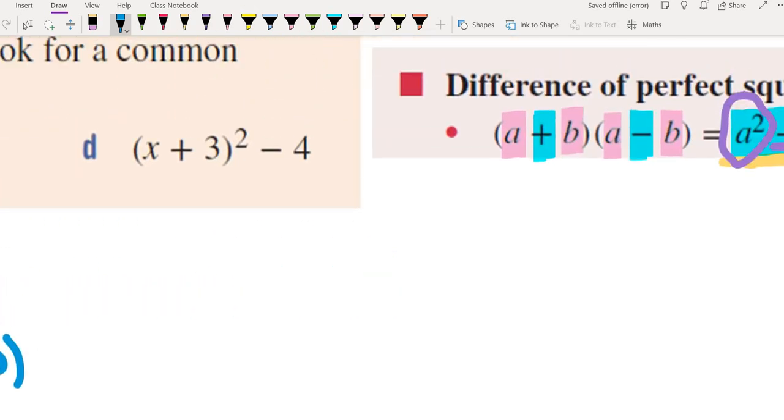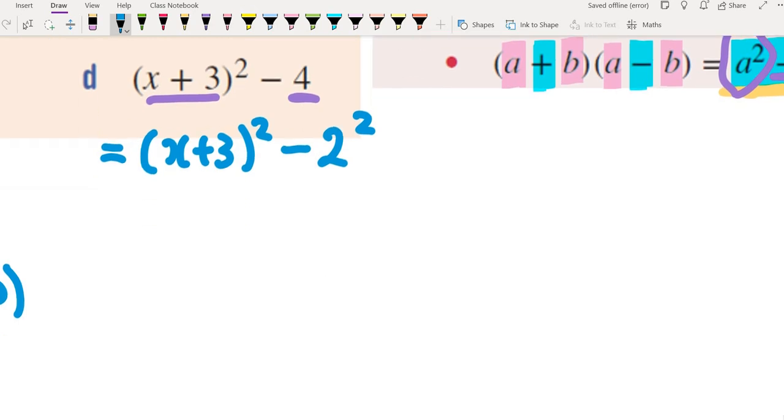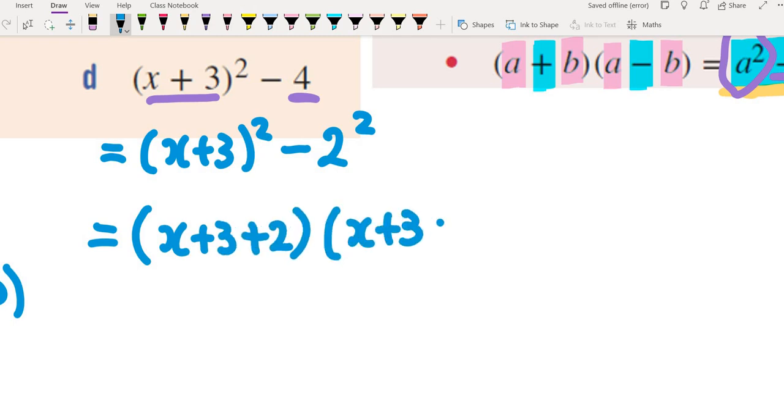And in this last example here, we have these two terms all squared, so that's good to go. However, this one isn't squared yet, so we'll turn this into x plus 3 all squared minus 2 squared. Now again we have something squared minus something squared, so we can turn this into x plus 3 plus 2, x plus 3 minus 2.